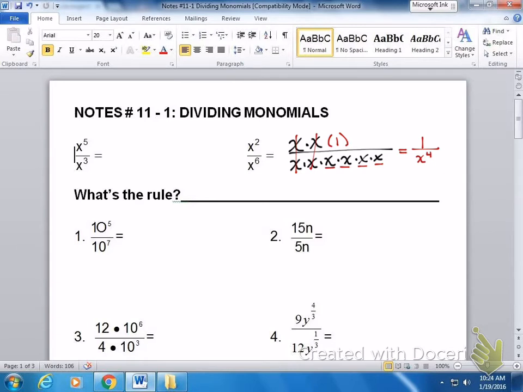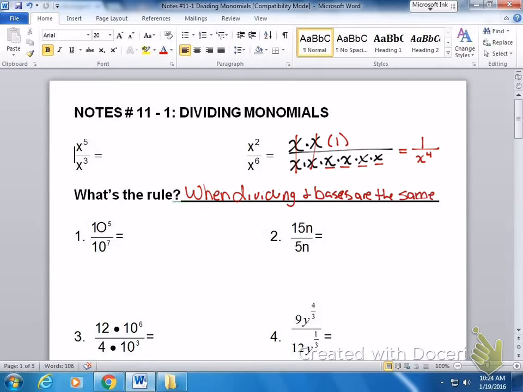It's when dividing. Maybe I should get my pen on. When dividing and bases are the same, and by bases being the same, they mean like x's and x's and y's and y's.